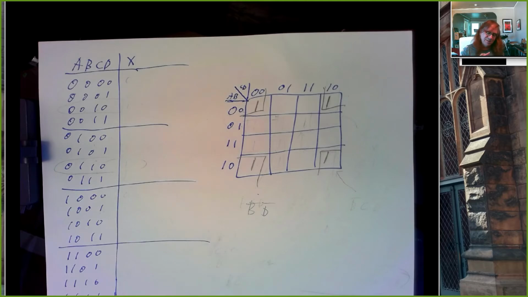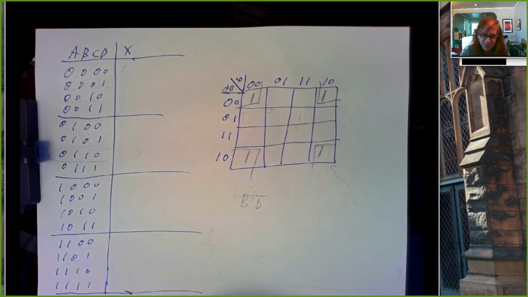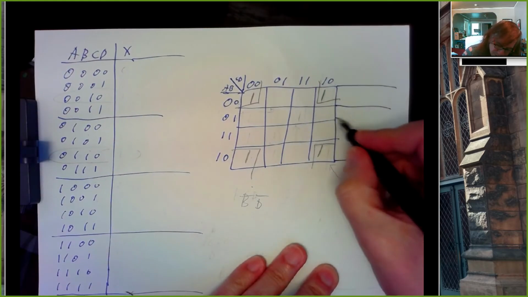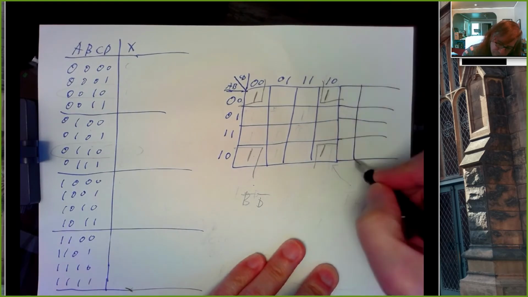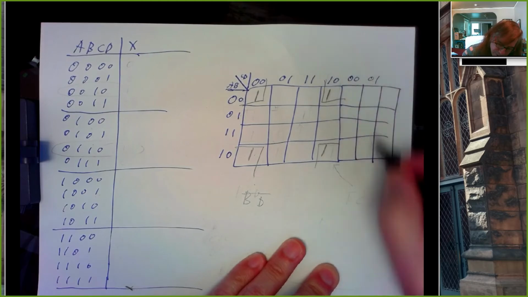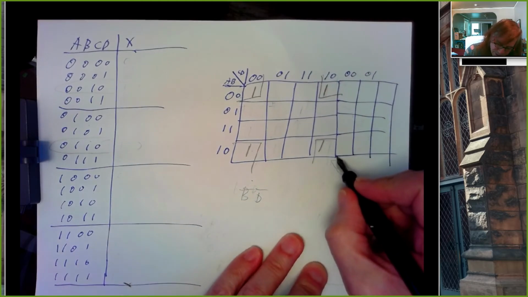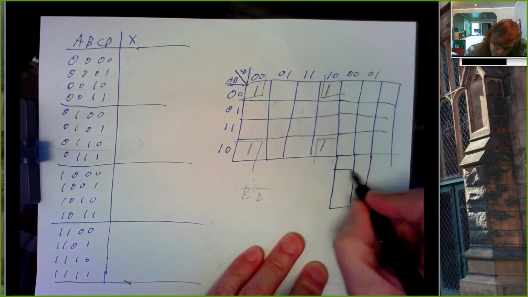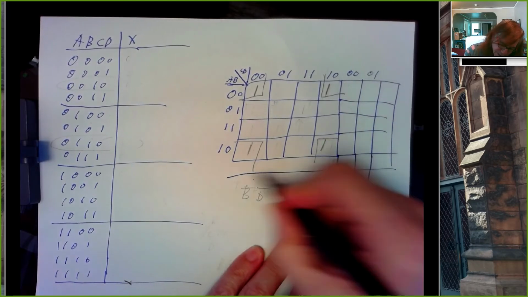And this feels a little weird sometimes, this wrapping business, but one way to think about it is just imagine that you have multiple copies of this map. So this would be 0, 0, 0, 1, and so on, and put another copy down here. And put another copy down here.